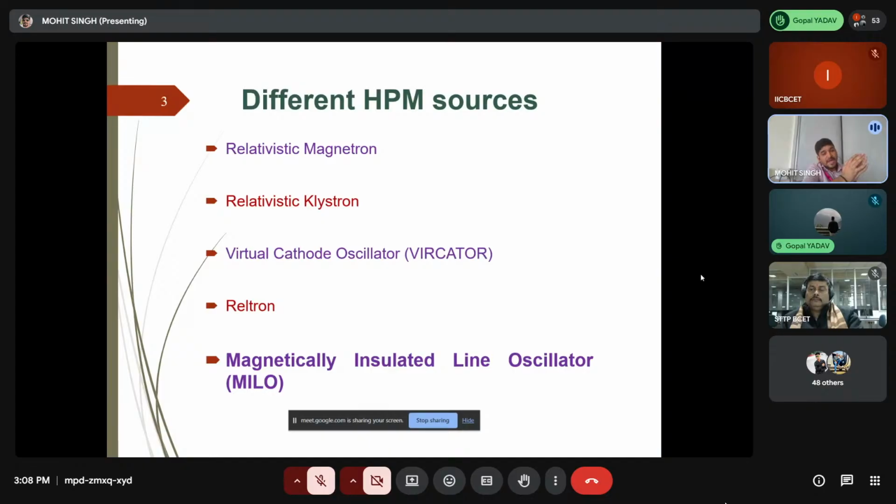Due to its attractive features, I have chosen it. I also worked on this oscillator for a DRDO project. That DRDO project data I can't reveal, as it is very confidential, but apart from the DRDO work, whatever I have done, I will try to make clear to you.